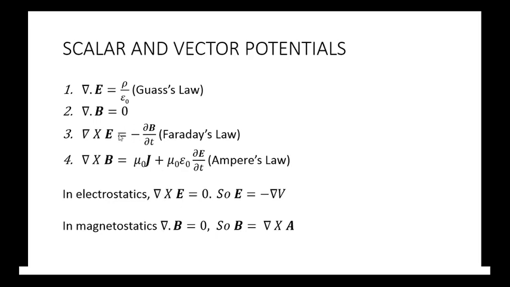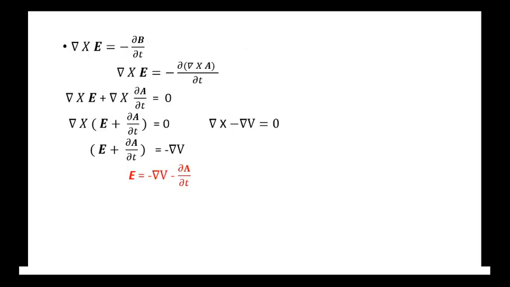By Maxwell's equation, we have del cross E is equal to minus dou B by dou T. So we have to find the equation for electric field that connects both scalar and vector potential. In electrostatics, we know that E is equal to minus del V, but it is not sufficient, since in electrodynamics del cross E is equal to minus dou B by dou T.